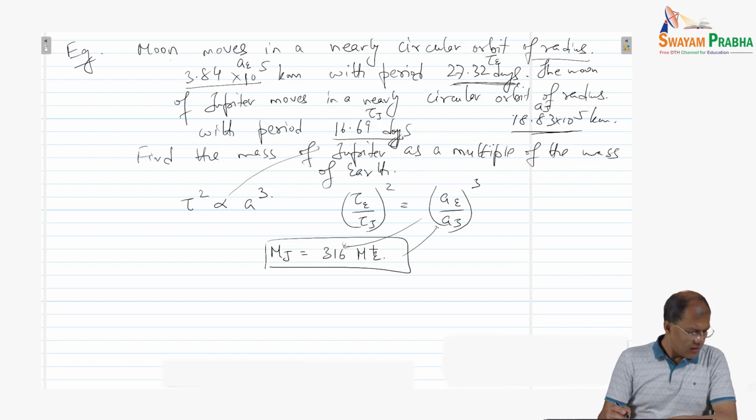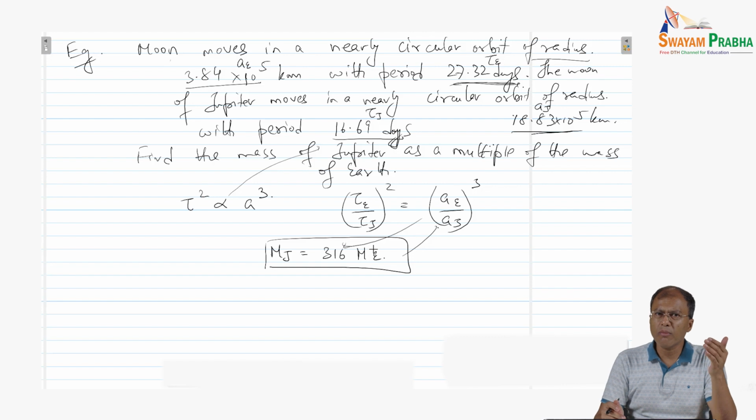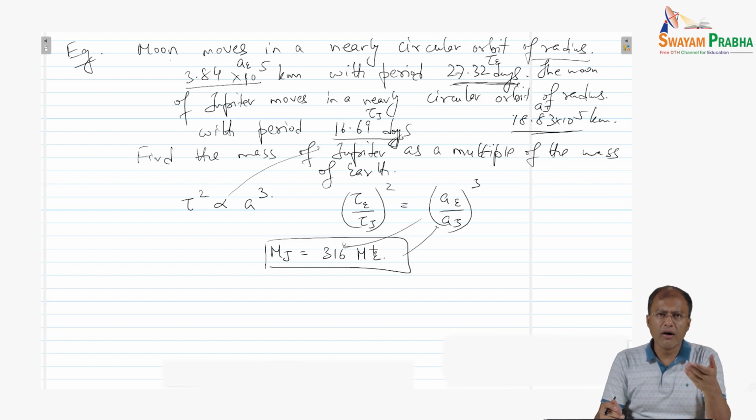Before we wrap up this module, let me talk briefly about the fact that when we talk about planetary motion, we don't talk in terms of time in seconds or hours, or masses in kgs or grams, because the values are so big in astronomy. Typically the mass of the Earth is of the order of 10 to the power 20 or 10 to the power 30 kgs.